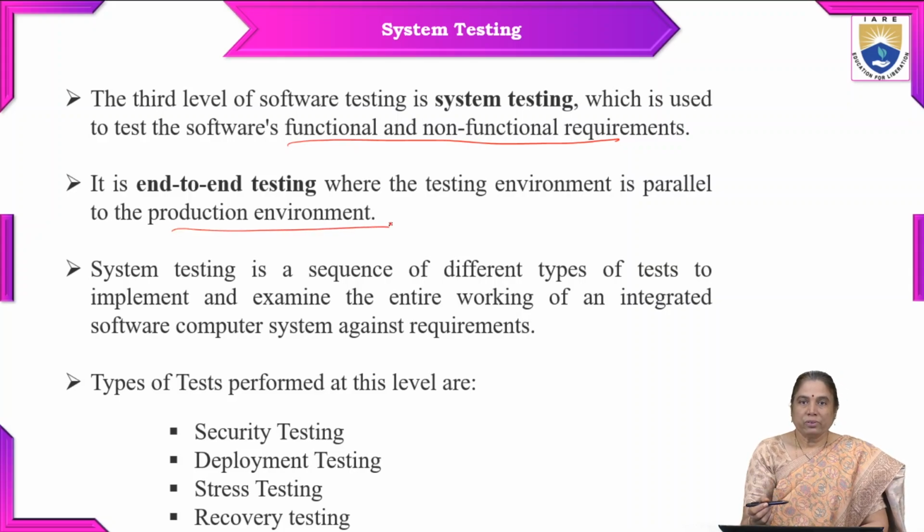So system testing is a sequence of different varieties of tests to implement and examine the entire working of the integrated software computer system against the requirement. A variety of tests can be performed here.